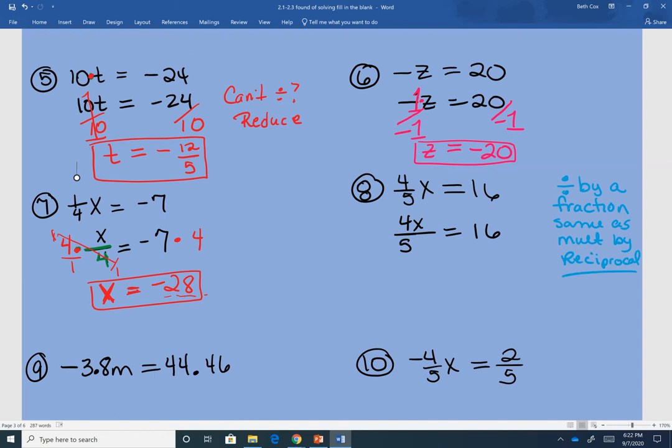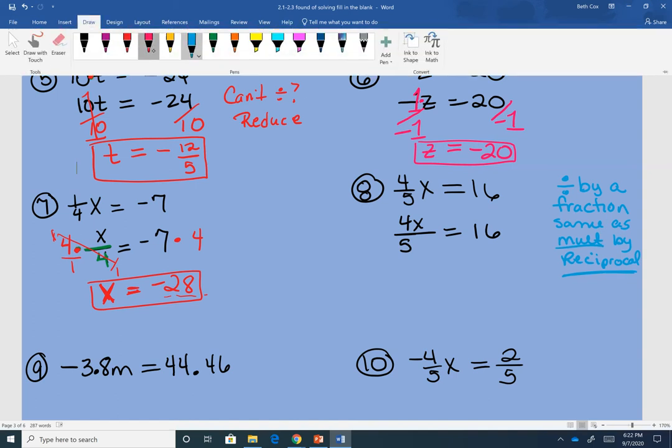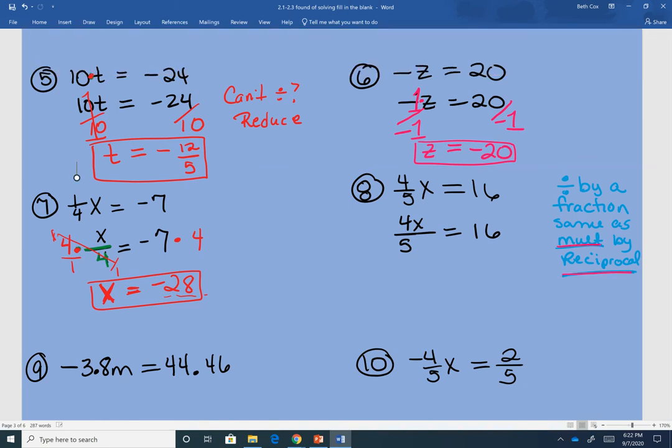So if I multiply by the reciprocal, okay, so let's look at that. Multiply by the reciprocal. Well, there we go. That's going to give me 20 over 20x, and you know that's 1. So it worked. I got x by itself.